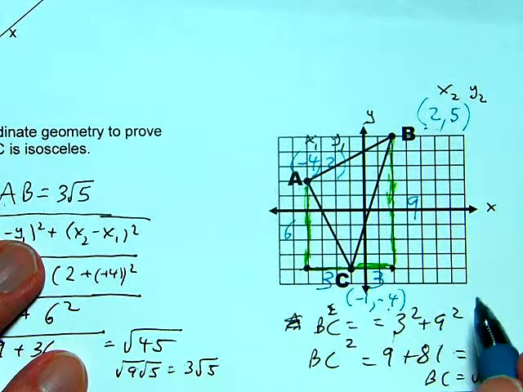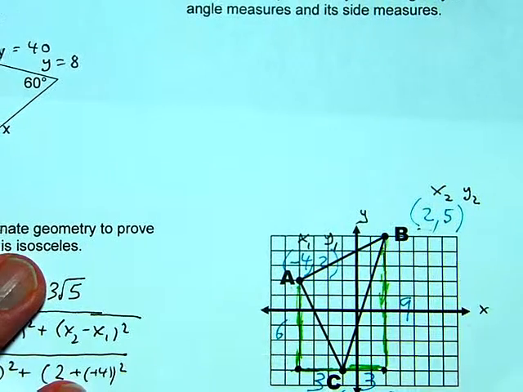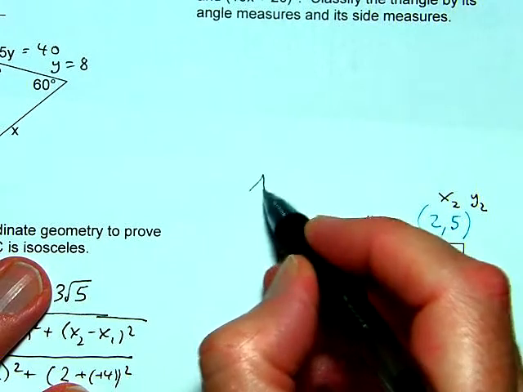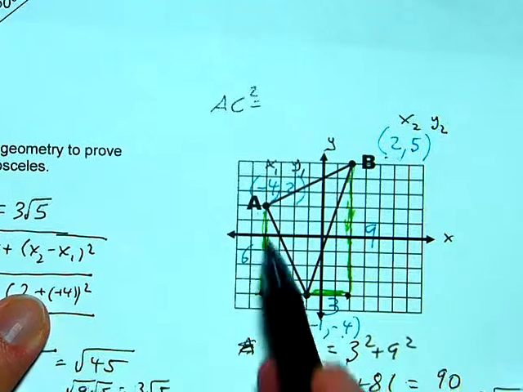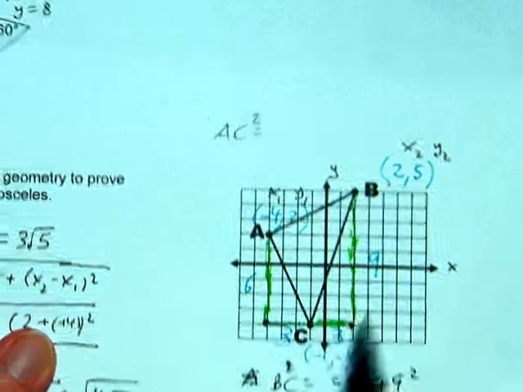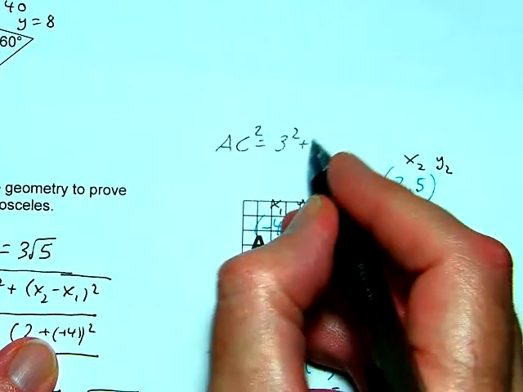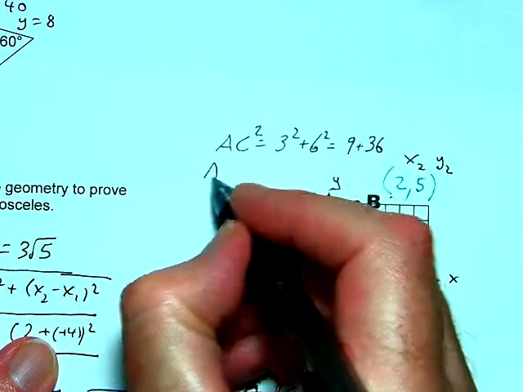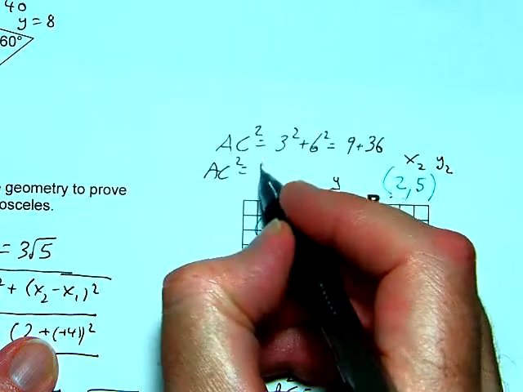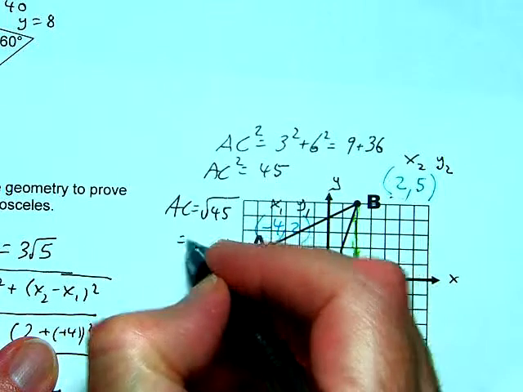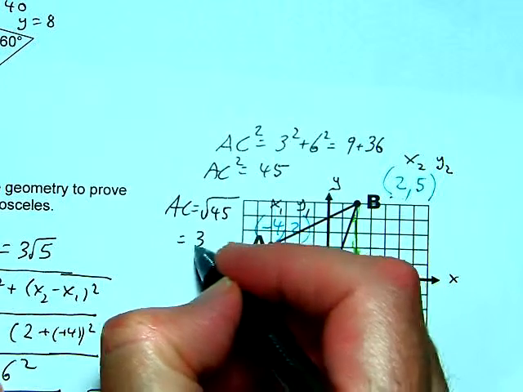So our length of AC, and I'll go to the top of this to do the calculations, again to use the Pythagorean theorem, AC squared, which is the hypotenuse squared, is equal to 3 squared plus 6 squared. So let's go ahead. 3 squared plus 6 squared is equal to 9 plus 36. AC squared is equal to 45, or AC is equal to the square root of 45, which is the same thing as 3 times the square root of 5.